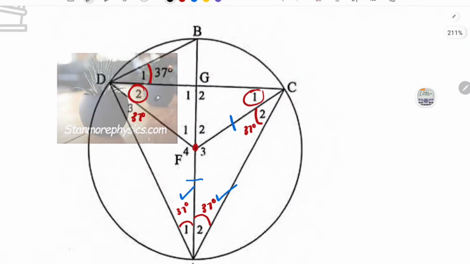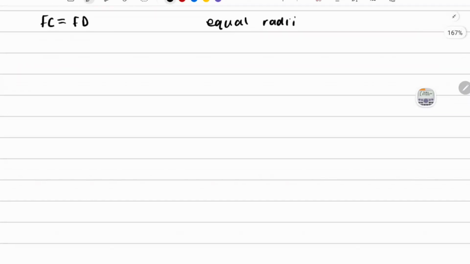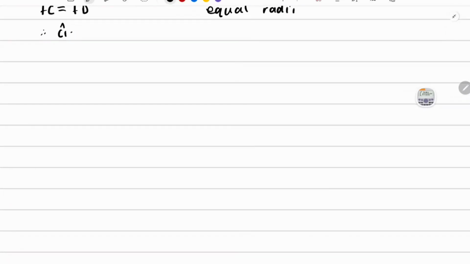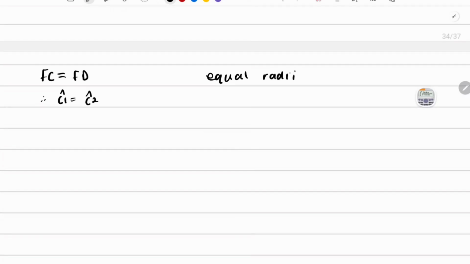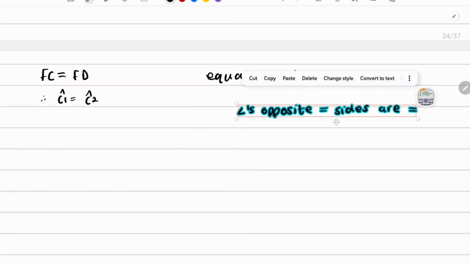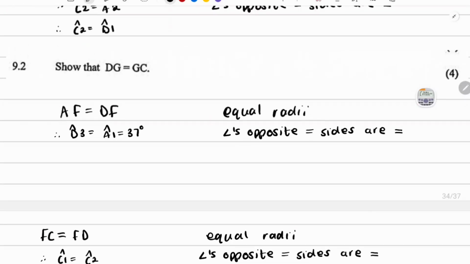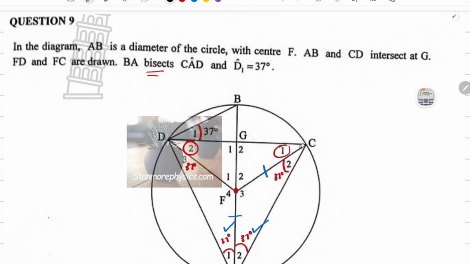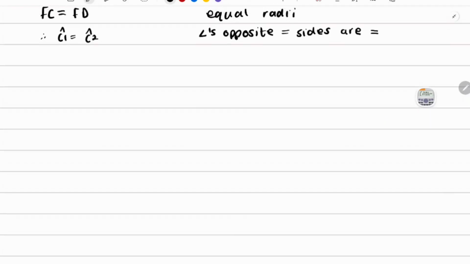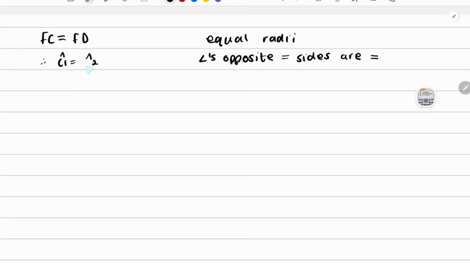So angle C1 equals angle D2 because of angles opposite equal sides, which I already copied. So we have angle C1 being equal to angle D2. I said C2, D2.